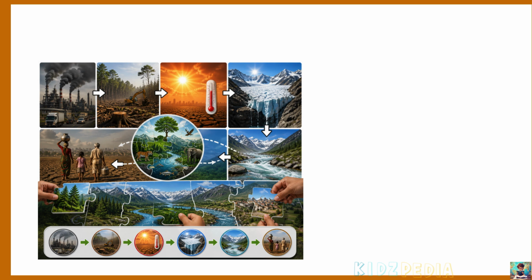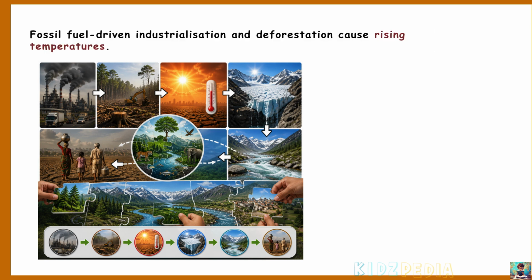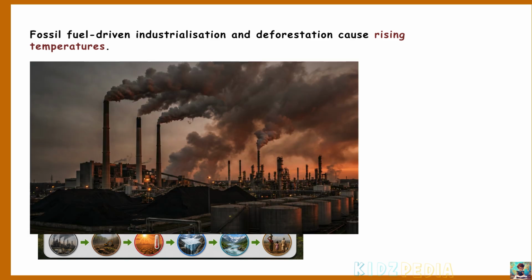It's like a giant puzzle where moving one piece affects all the others. And this paragraph tells us that two major human activities are causing rising temperatures, that is global warming. First is fossil fuel driven industrialization. Fossil fuel driven means industries that run using fuels like coal, petroleum, and natural gas.